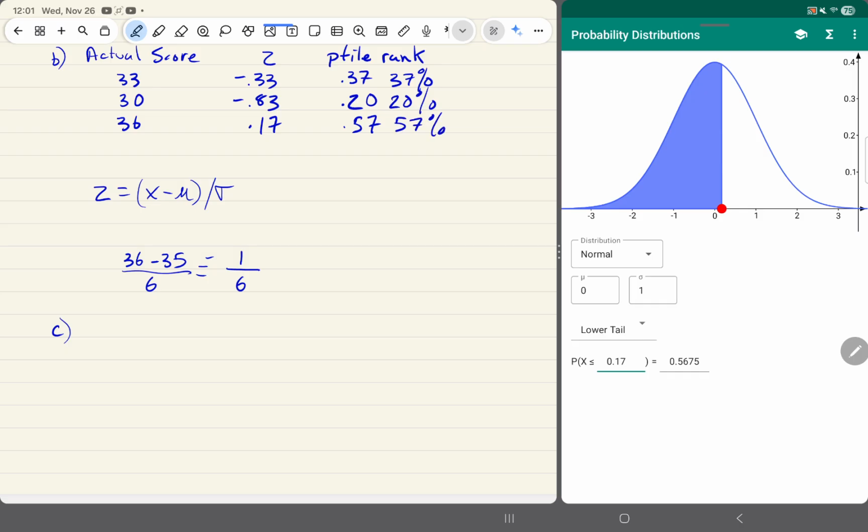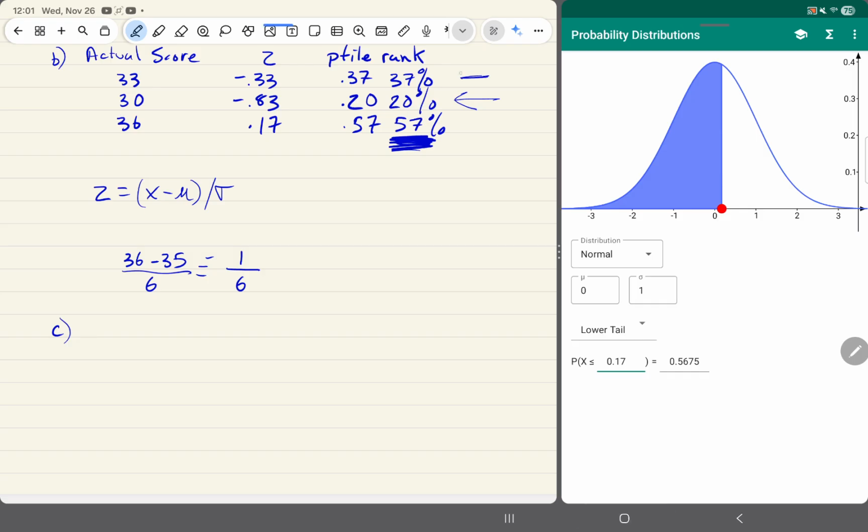So what is this really telling us? Well, it's telling us that 57% of our students scored 36 or less on the exam. That shows us over here that about 20% of our students scored a 30 or less on the exam.